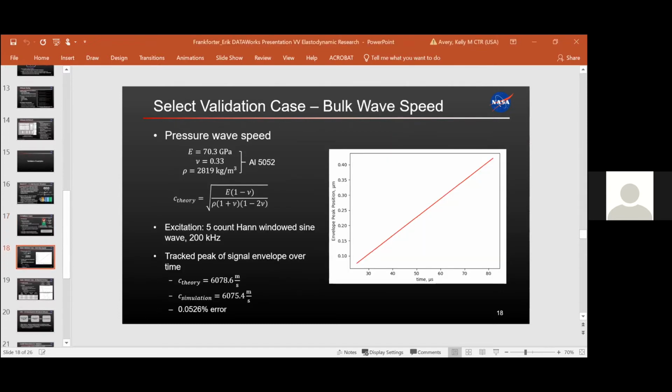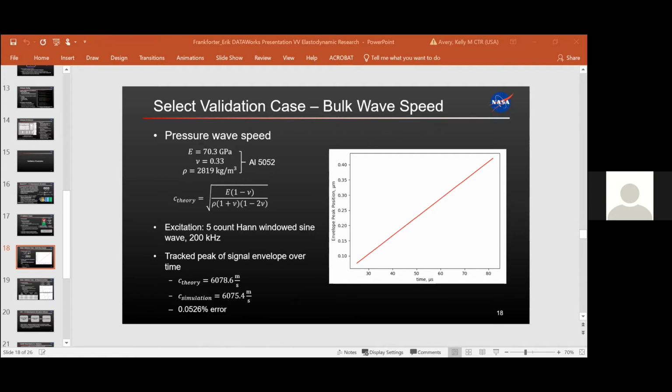Thank you. So for just a select validation case here, we use the pressure wave speed in aluminum 5052. This is an alloy that's commonly used in lithium-ion batteries.